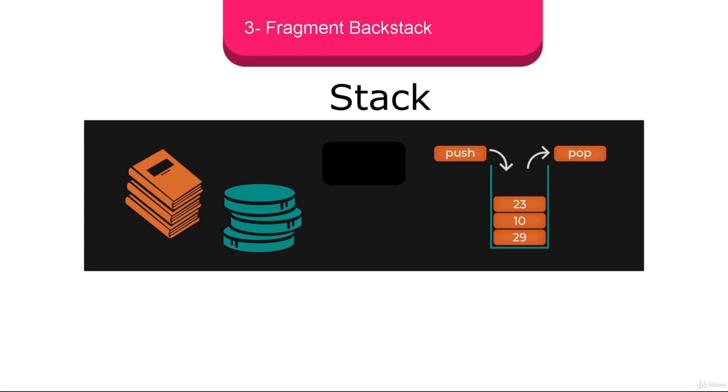And then after you pass from the second activity to the third activity, the second activity will be located over the first activity in stack. And when you click on the back button in the third activity, you will see the second activity comes from the stack. Now, if you click the back button in the second activity again, you'll see the first activity comes from the stack. So in that way, we come back from the third activity to the first activity.